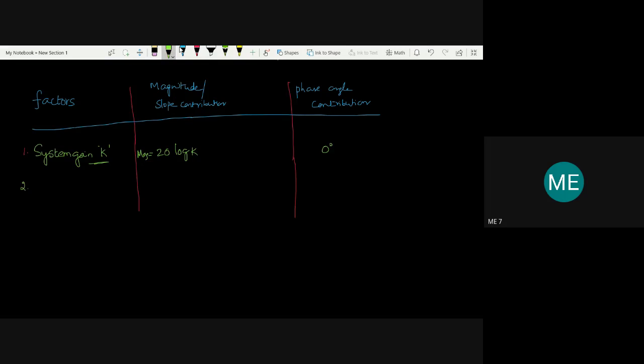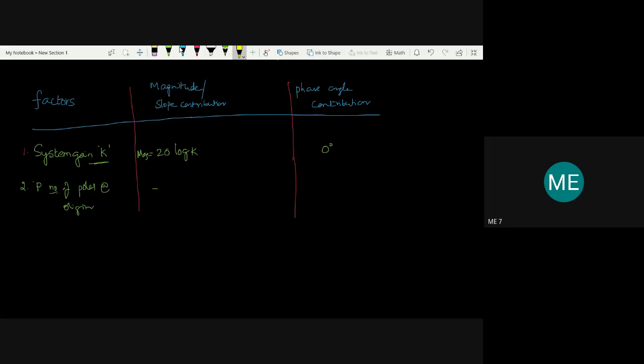And now P number of poles at origin. This is the second factor. If you look at this, we are not calculating the magnitude here. It forms a line equation, so that is why we are using the slope contribution.